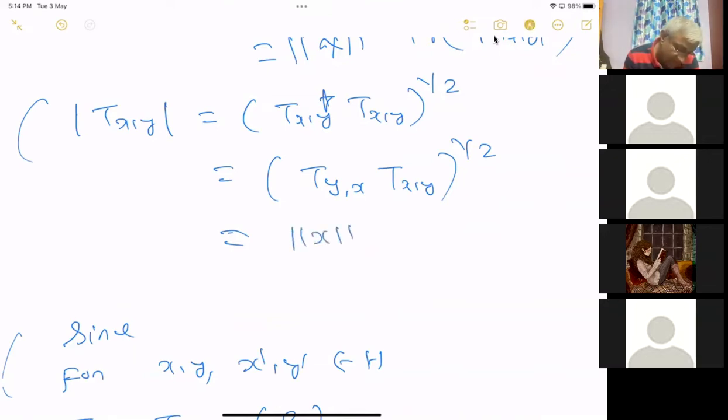So it will come as norm x times T of (y y) to the power half, meaning that it's actually a positive operator. What is T_{yy}? So T_{yy} to the power half. Okay, let it be.